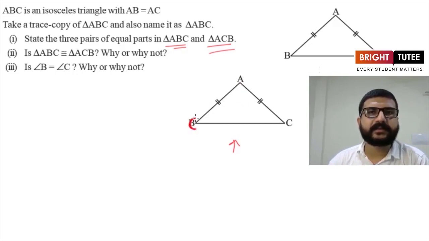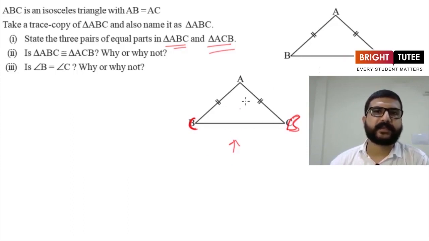C will come here and B will go there. Now when we place this copy triangle over the original triangle, we are going to get AB equal to AC, AC equal to AB, and BC equal to CB.